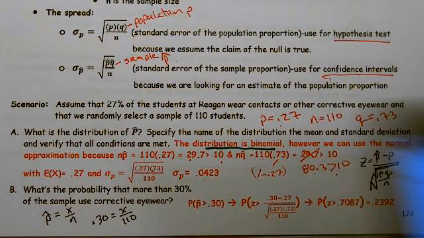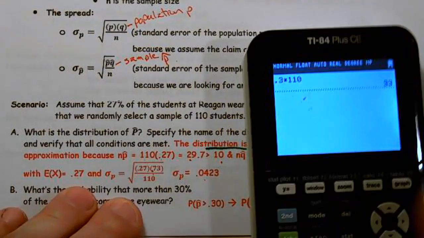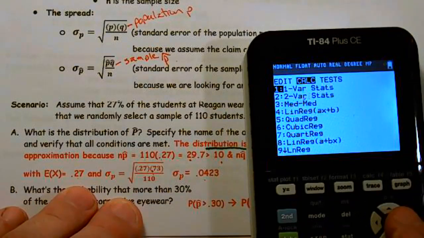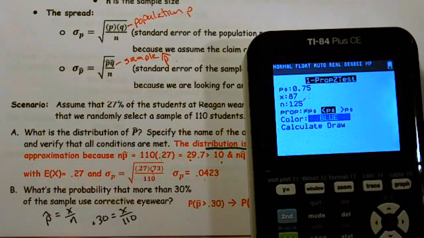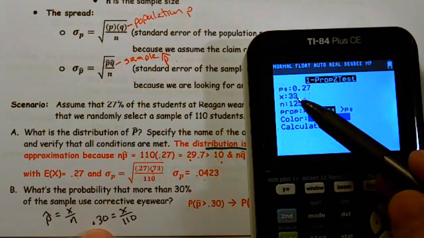Now this is really important. X must be a whole number when you plug it in the calculator. If it's not, you need to round it. So stat test, one proportion Z test. We had a P naught, this was the claim, of 0.27, and X where it goes 0.3 times 110, and you can check it right there. As long as that's a whole number, it's good.